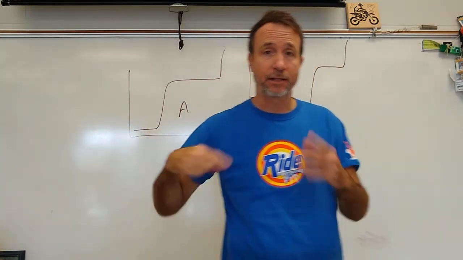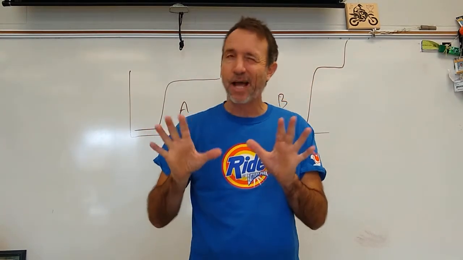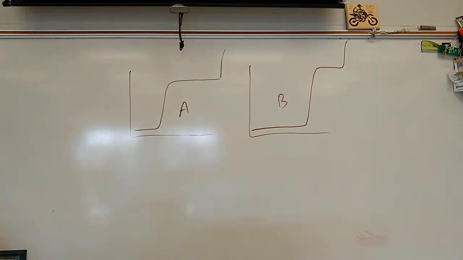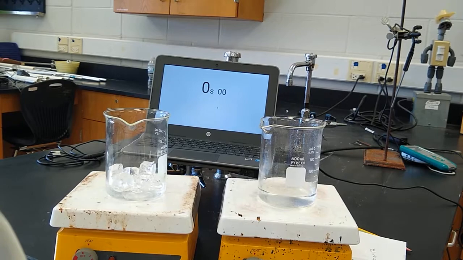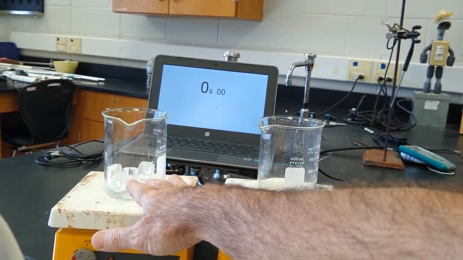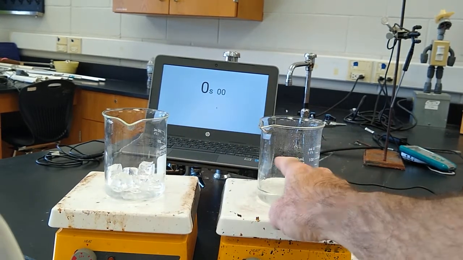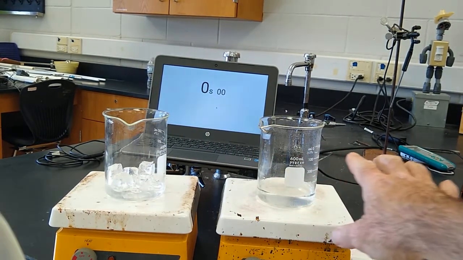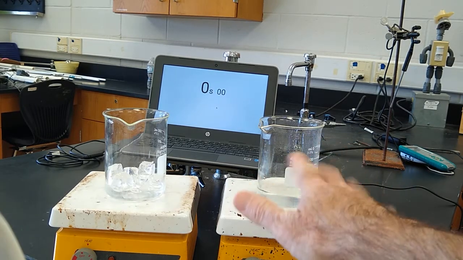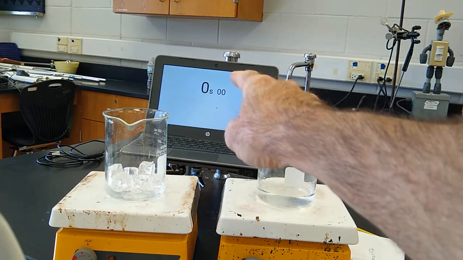Let's take a look at this very simple, not perfectly scientific, but pretty darn scientific experimental setup. So what we have are 100 grams of ice, right at 0 degrees Celsius. And I've got 100 grams of water, which is going to be heated up to around 100 degrees Celsius before I hit go.